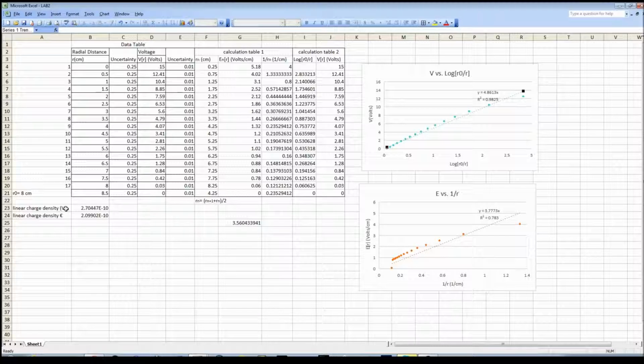Our linear charge density from V versus log R naught over R is 2 times pi over epsilon naught times our slope. And similar for our electric field linear charge density. So as you can see, our numbers are fairly close, but not quite there with our uncertainties.